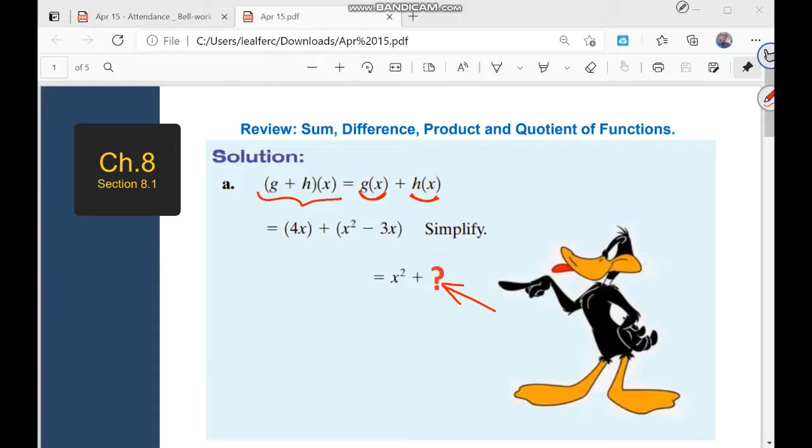If you have the function g of x equals 4x, and function h of x equals x squared minus 3x, then this is the solution. You add both functions, you simplify, and then find the solution here: x squared plus something. What's this something that's missing?